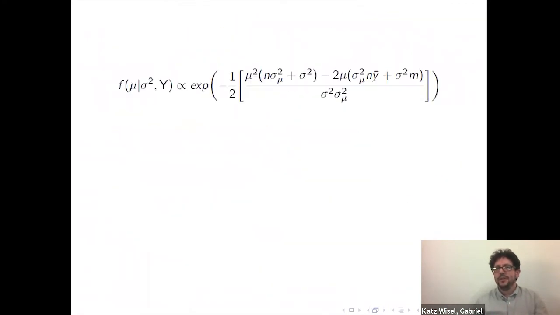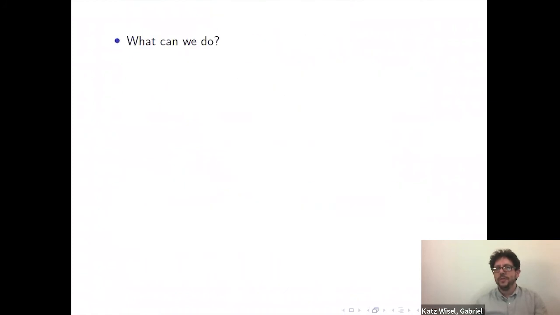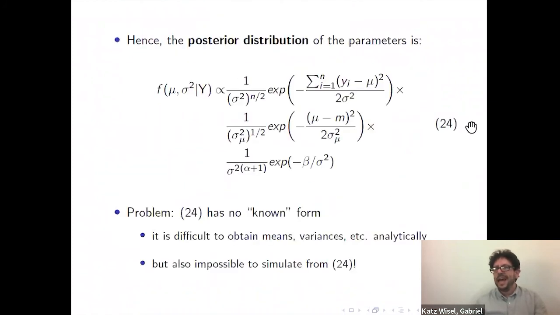The point is that I started from a joint posterior distribution that was very complicated. Let me go back and show you. This was the joint posterior distribution. I had no idea what this is. Is this a normal? No. Is this an inverse gamma? No, this is a complicated equation. I have no idea how to compute posterior means, posterior variances, how to summarize the parameters.